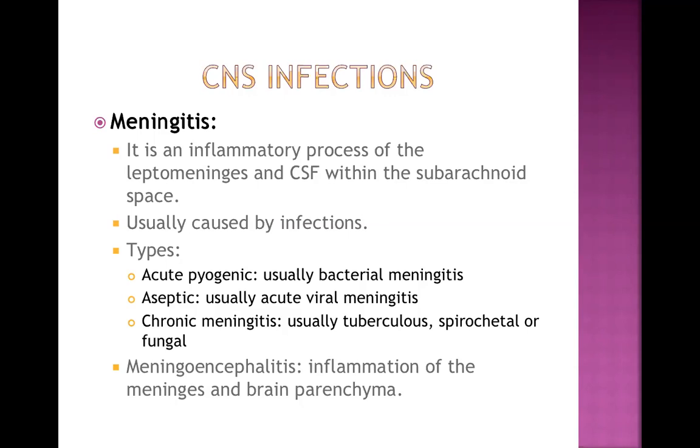Chronic meningitis is mainly tubercular. It may be spirochetal, like syphilis, or it may be fungal. Can you name one of the common fungi which can lead to chronic meningitis? Very good. This is Cryptococcus neoformans. That is the fungus.